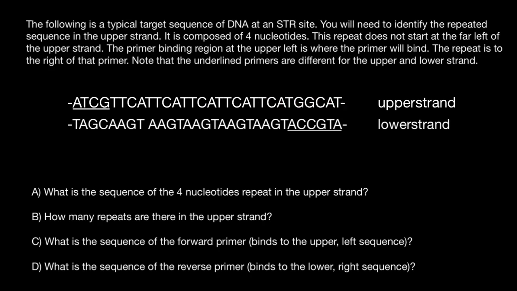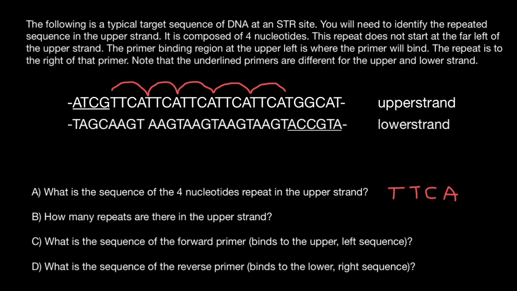And right away I see a 4 nucleotide repeat, which is TTCA, TTCA, TTCA, TTCA, TTCA, and that's it. We don't have any more repeats. So the sequence is T, T, C, A. This is the answer to the first question.